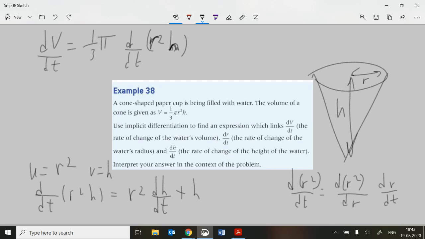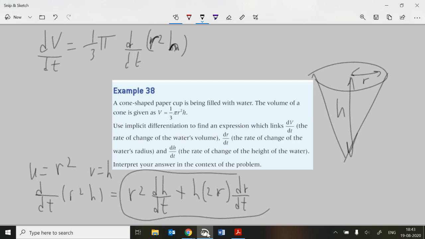We can't differentiate this with respect to t. We can differentiate it with respect to r, then we need to chuck on this extra dr/dt at the end. So we're going to get 2r, which is the derivative of this, but you need to remember to chuck on the end your dr/dt.